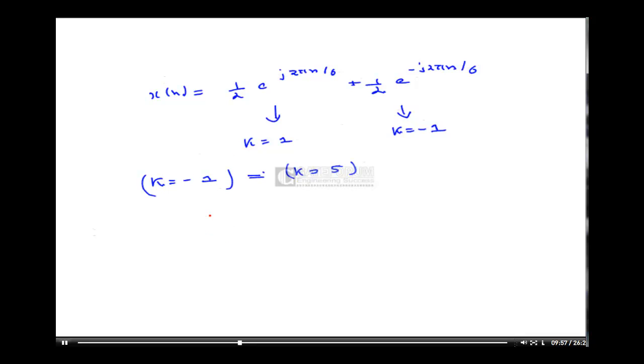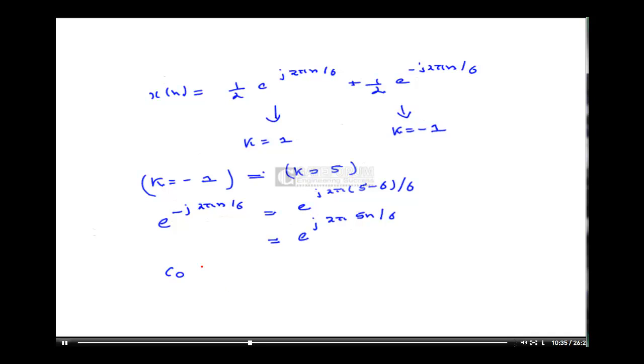See, this is periodic with a period 6. So after every period of 6, the same pattern will repeat. So I can write e to the power minus j 2 pi n by 6 is equal to e to the power j 2 pi (5 minus 6)n by 6, which is equal to e to the power j 2 pi 5n by 6. So I've got two components, one at k equal to 1, another at k equal to 5.